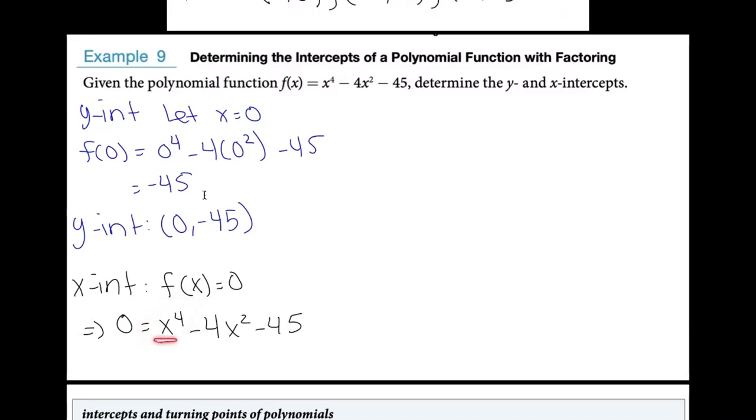So notice this kind of looks like a quadratic, with the exception that this is x squared squared. So let's do something called a substitution of variables, and that will maybe fix our problems. So you want to pick some variable and let x squared be that variable.